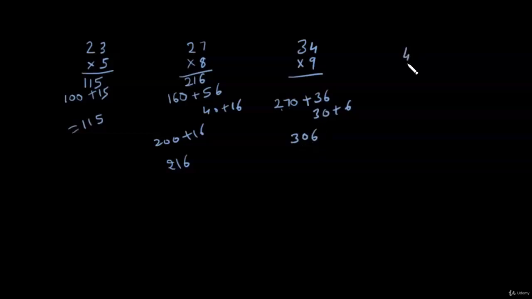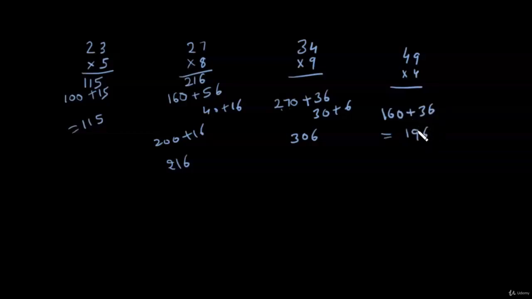Now consider 49 times 4. Now we have to multiply 4 by 4, but the place value of this 4 is 40. So 4 multiplied by 40 is 160. We will keep this 160 in brain, plus 4 times 9 is 36. So 160 plus 36 is 196.